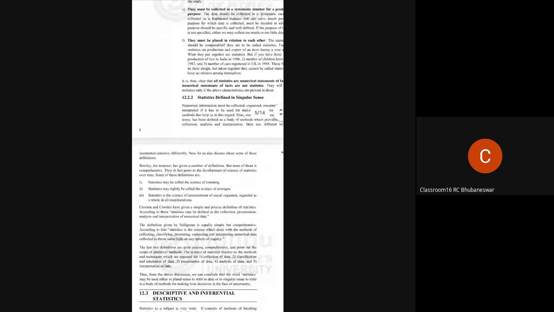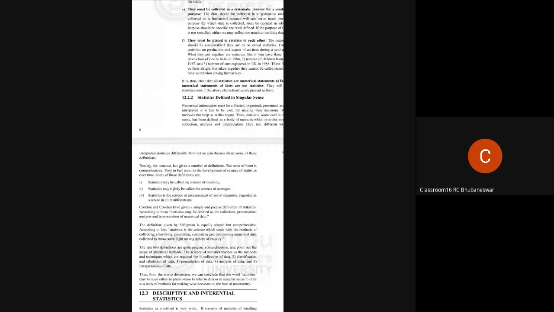Statistics may be called the science of counting, that means how many data are collected. Then statistics may rigidly be called the science of averages. When you hear the word statistics, the first thing in your mind is calculating averages: mean, median, mode. So it is a science of averages.